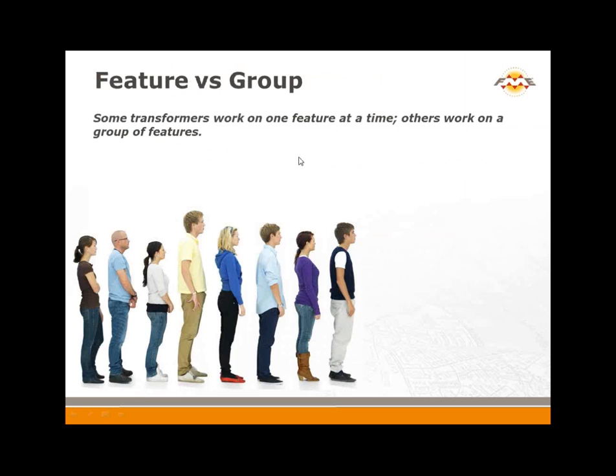Maybe this is a concept we just need to cover first, about feature and group transformers, and this is going to be important for what Dale's talking about later, I think. Some of our transformers work on one feature at a time, others work on a whole group of features at a time, and it's the group transformers that really make a hit on performance, and we need to do something about that to try and improve it.